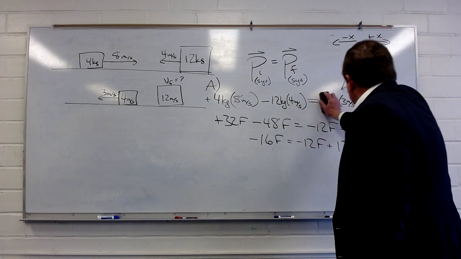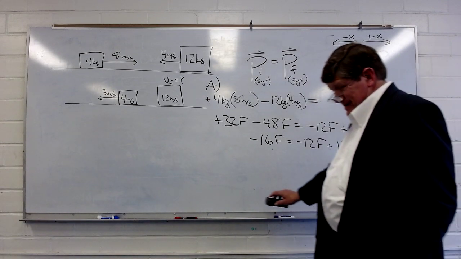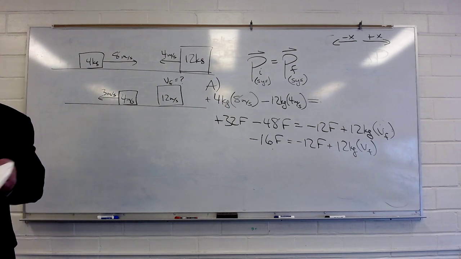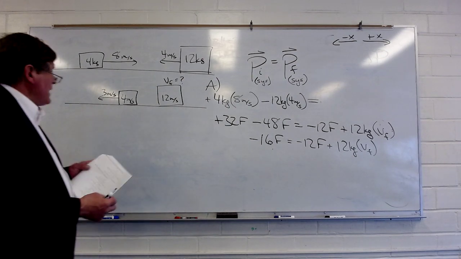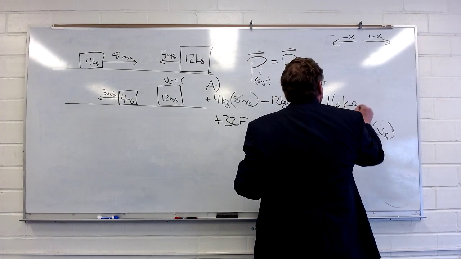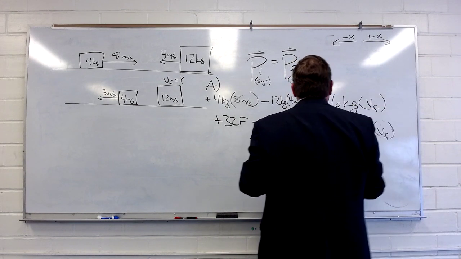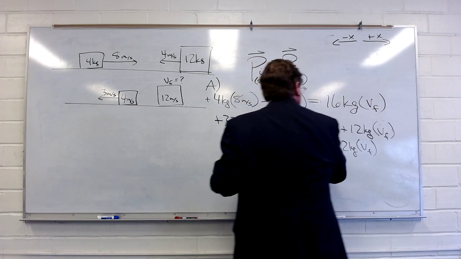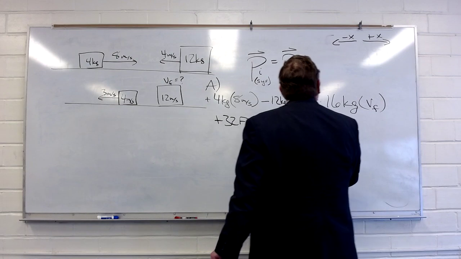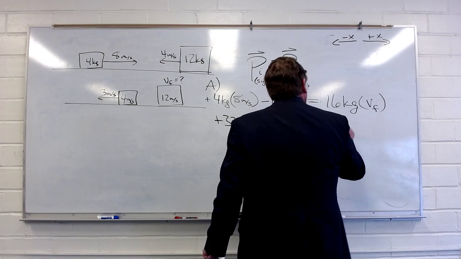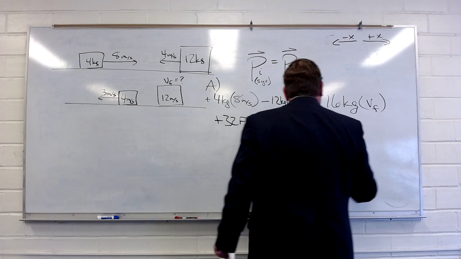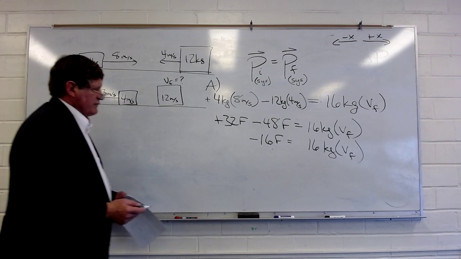Okay, so in this case, in part B, they stick together and move together. And when they're moving together, I can consider them to be one big ugly block of mass 4 plus 12, or 16 kilograms, moving at some final velocity. So if I put that in here, you see that this becomes very easy.